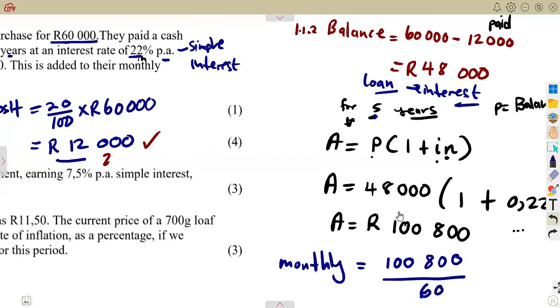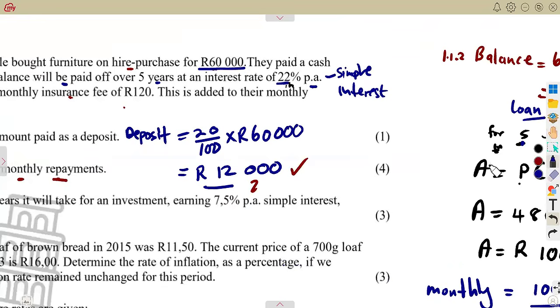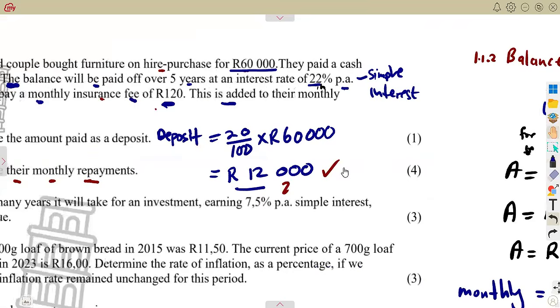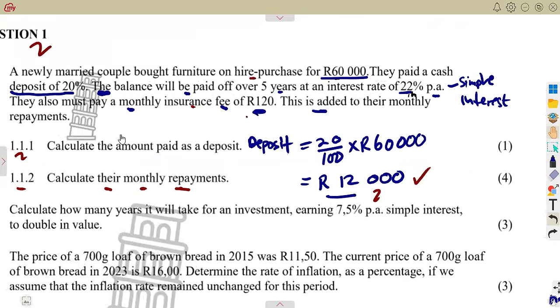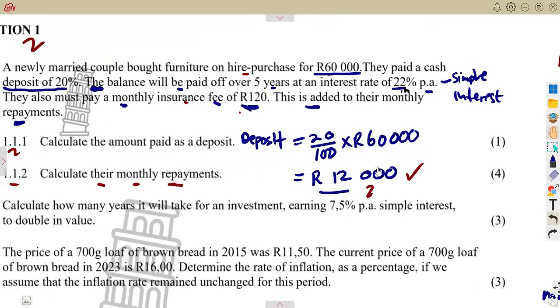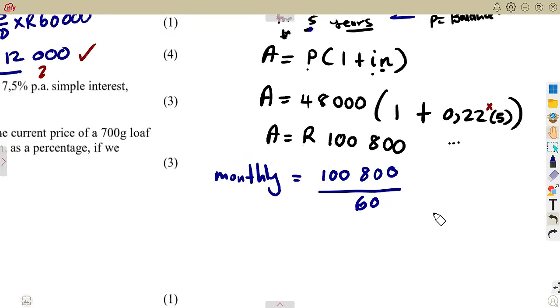But take note, they are saying there is a monthly insurance fee of 120 Rand. This is added to their monthly repayments. So as they are to repay monthly, there is 120 Rand of insurance. So you're supposed to add 120 as the insurance.